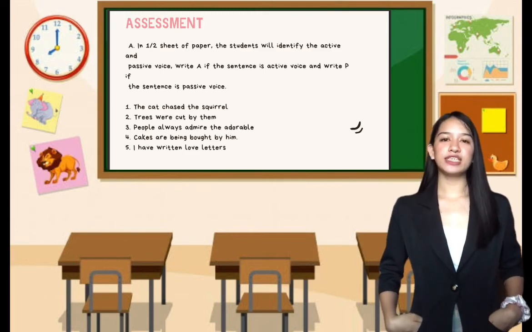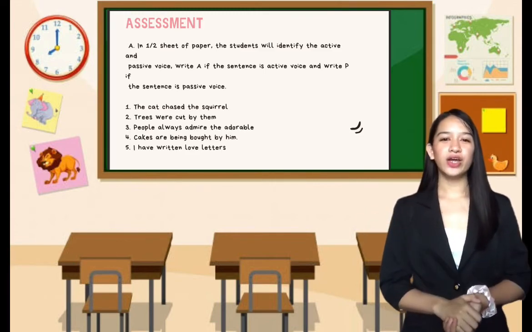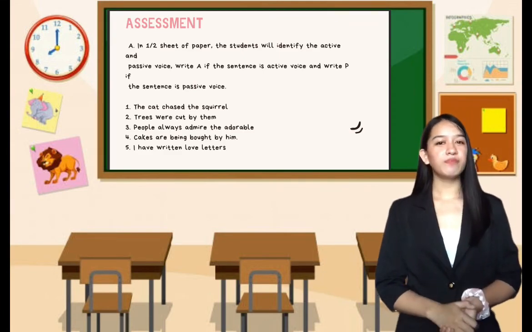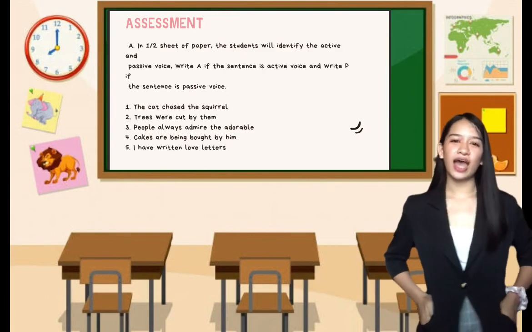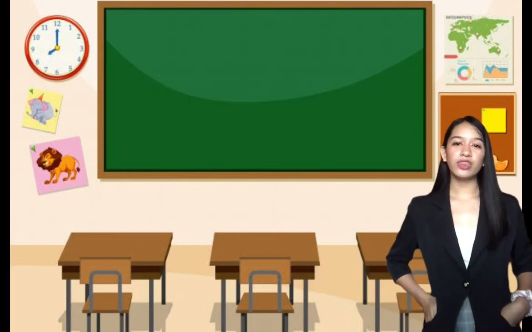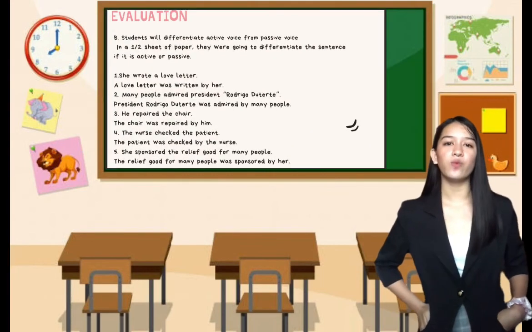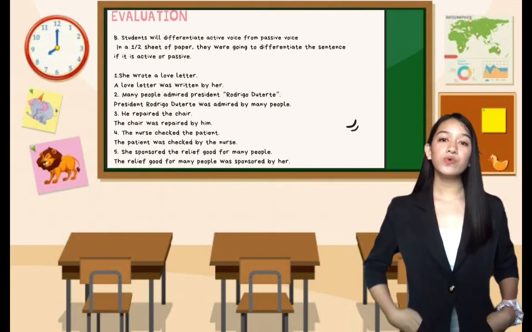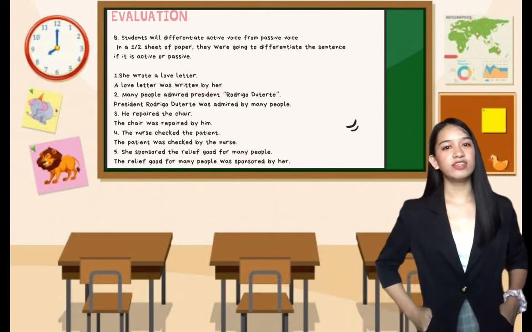Okay, kindly pass the paper in front. Oh, very good. You got a perfect score. Very good, everyone. So now, we have another activity. Please get again a one-half sheet of paper, and you are going to differentiate the active and passive voice.